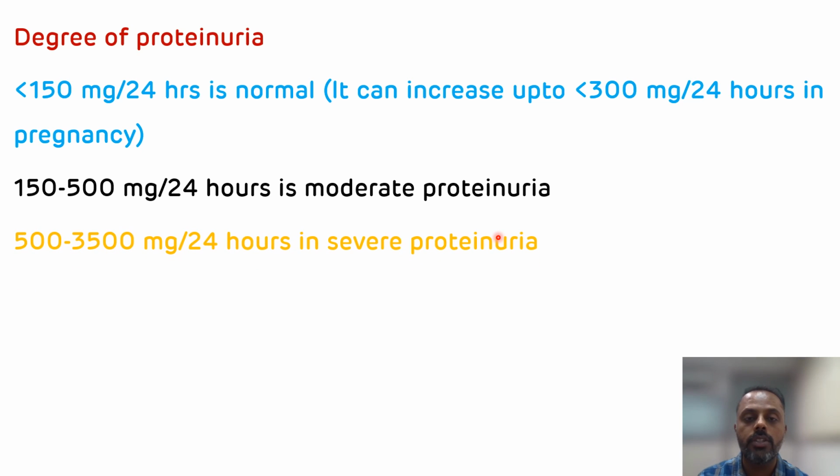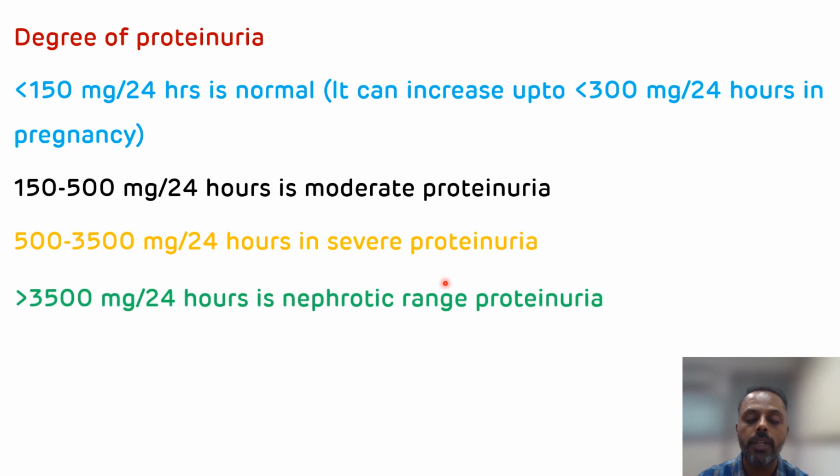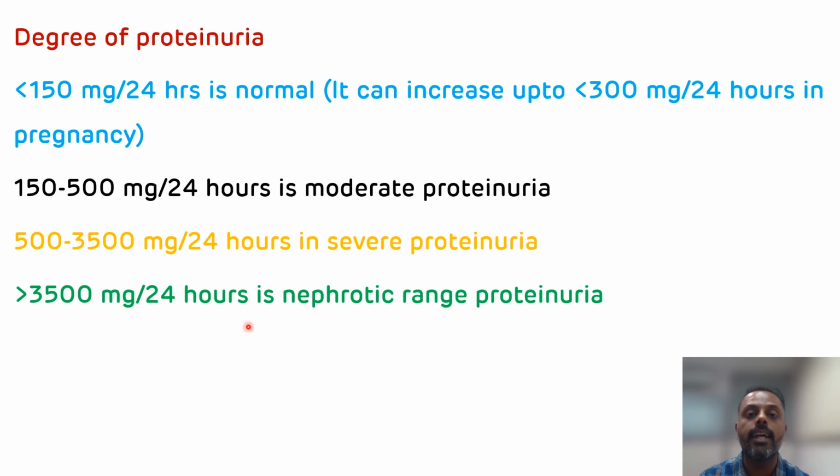If the excretion is between 500 to 3,500 milligram per 24 hours, it is considered severe proteinuria. And if the excretion is greater than 3,500 milligram per 24 hours, it is considered nephrotic range proteinuria. So that is all about proteinuria.